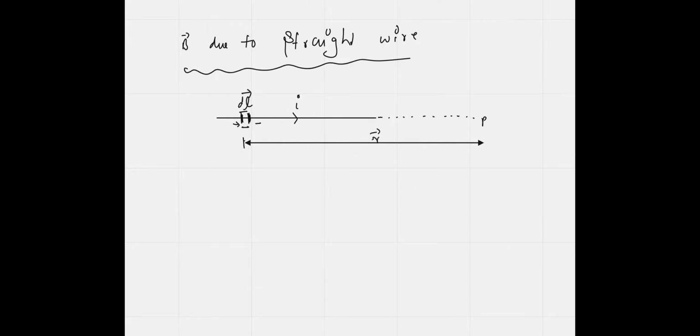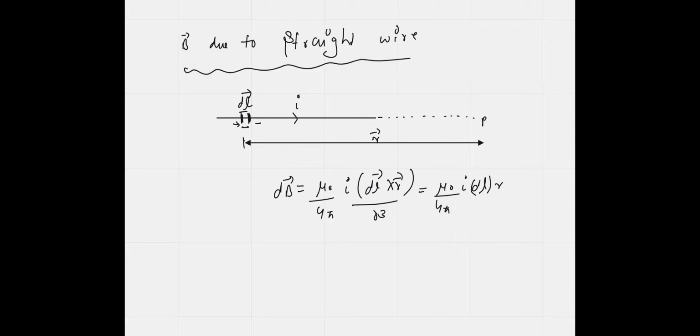So dB, the magnetic field due to this small portion, is mu naught divided by 4 pi, I dl cross r, divided by r cubed. That is mu naught by 4 pi I dl r sin theta, where theta is the angle between dl and r. Here you have to keep sin theta.